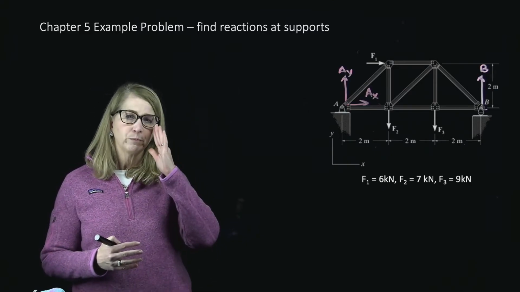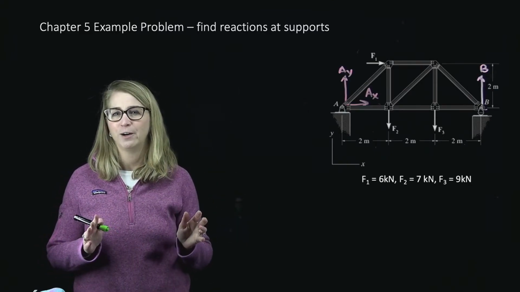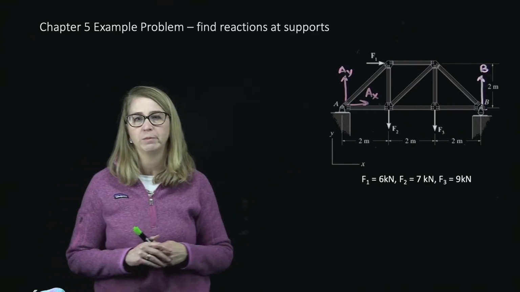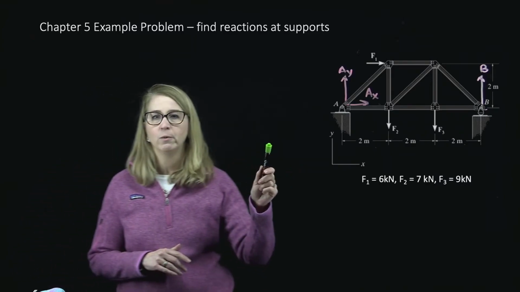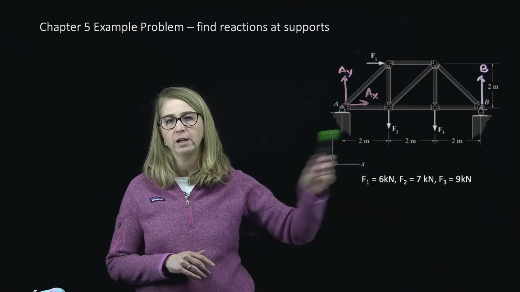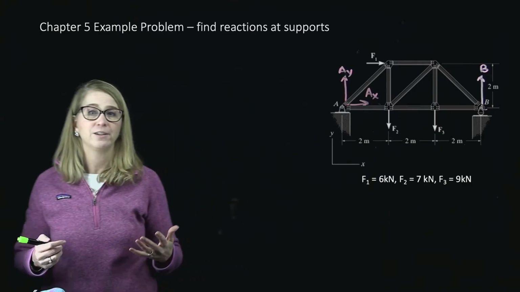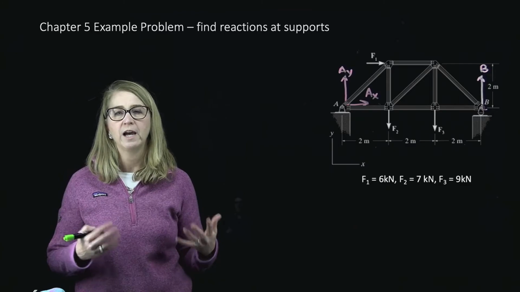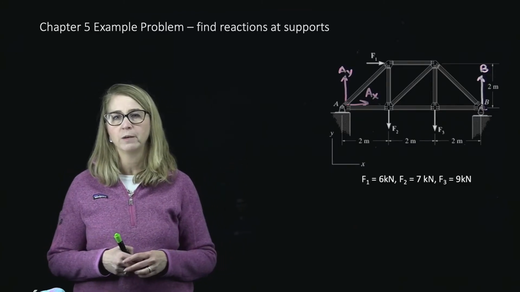Now, I want to clue you into something. You might notice that when you look at pictures, typically, there'll be a pin at one end and then some sort of smooth support like we see at B at the other end. The reason for that is math makes it have to be that way. We have three conditions of equilibrium.